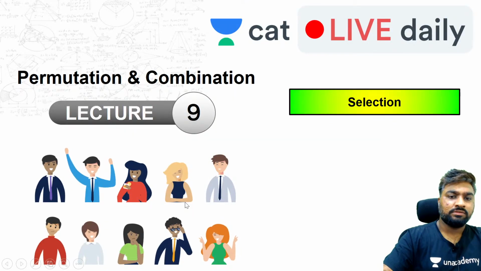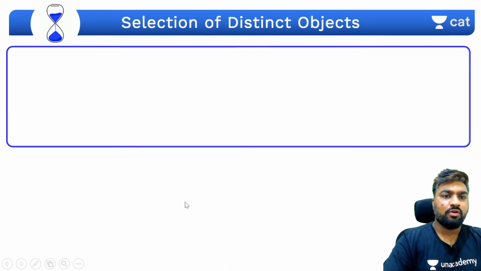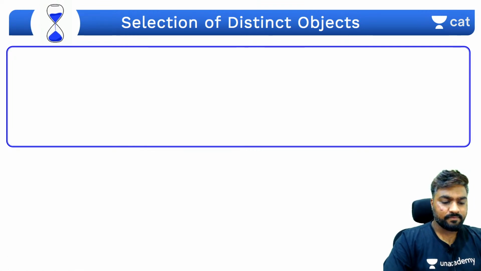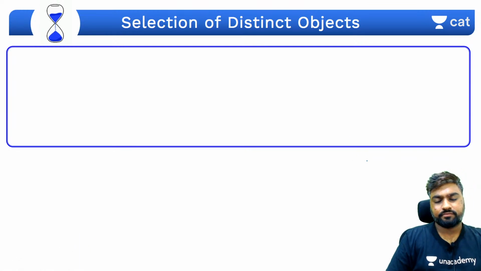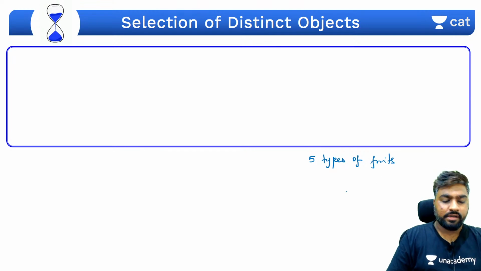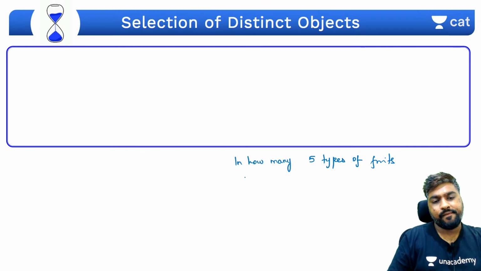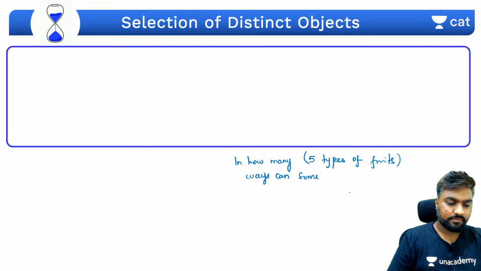Chalo, let's start, shall we? First, let's go for selection of distinct objects. Let's say there are 5 types of fruits. They're basically asking in how many ways can some fruits be selected out of 5 types of fruits.